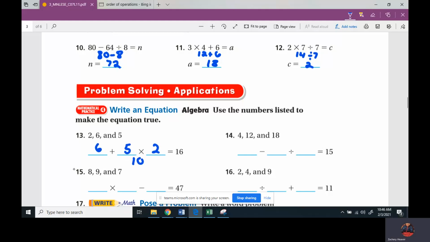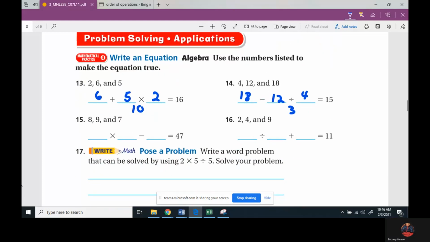Ooh, this next one looks tough. So what we're going to have to do is we're going to have to figure out. We're going to do 12 here and 18 here and 4 here. So 12 divided by 4 is 3. And 18 minus 3 is 15.